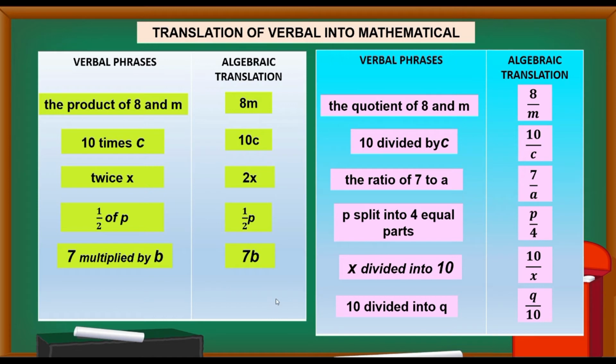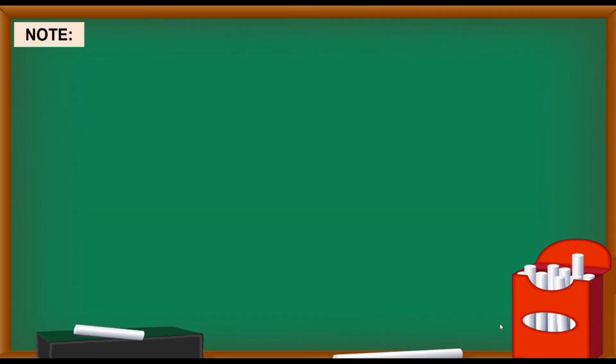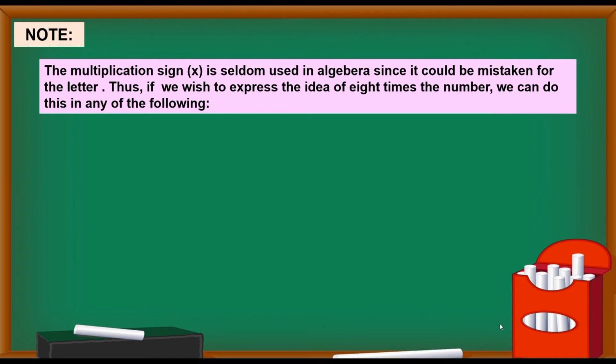So, tandaan natin kung merong English to Tagalog, meron din pong verbal or English to mathematical. So note that the multiplication sign is seldom used in algebra since it could be mistaken for the letter x. So kagaya nung sinabi ko sa inyo kanina na hindi na natin ginagamit yung x kasi pwede na itong mapagkamalan na yung letter or yung variable natin.